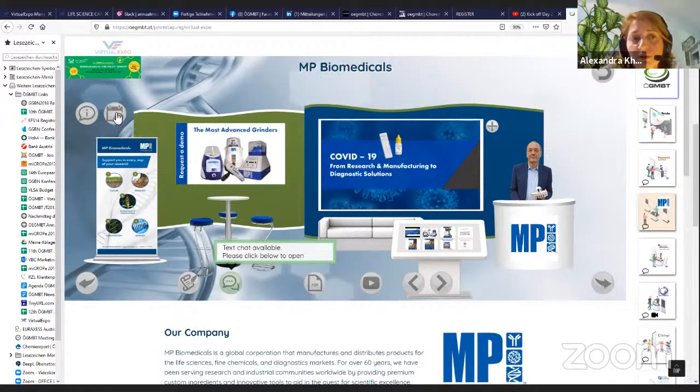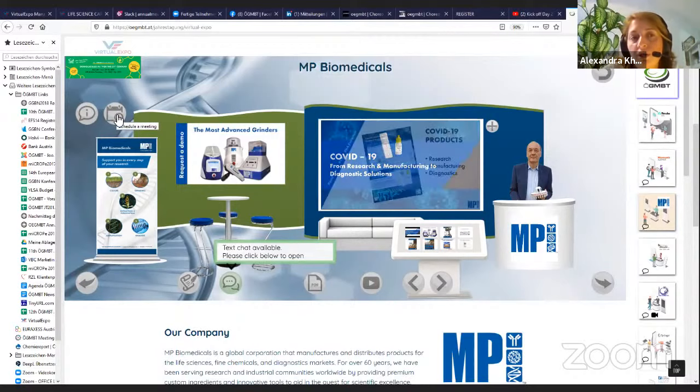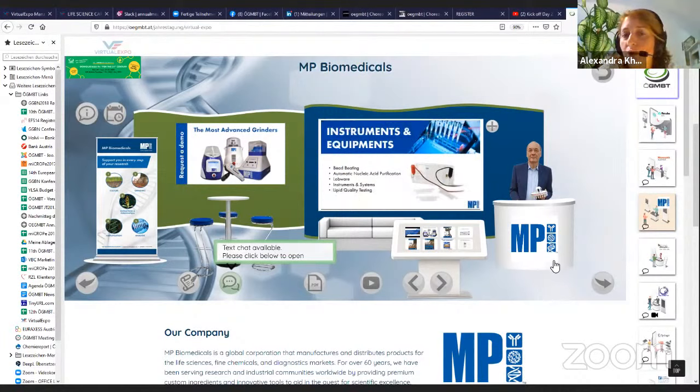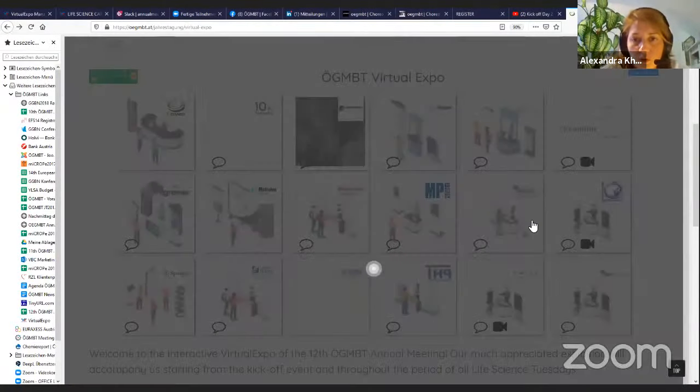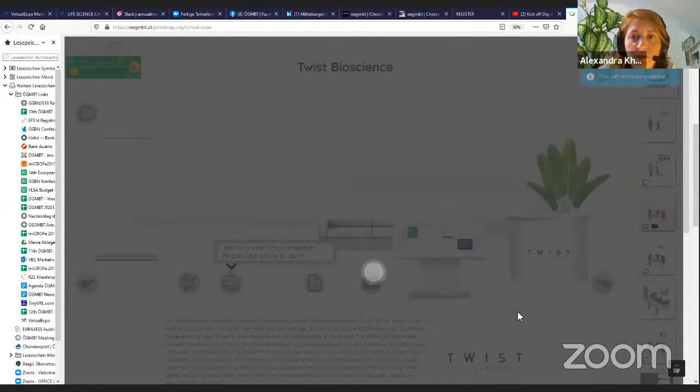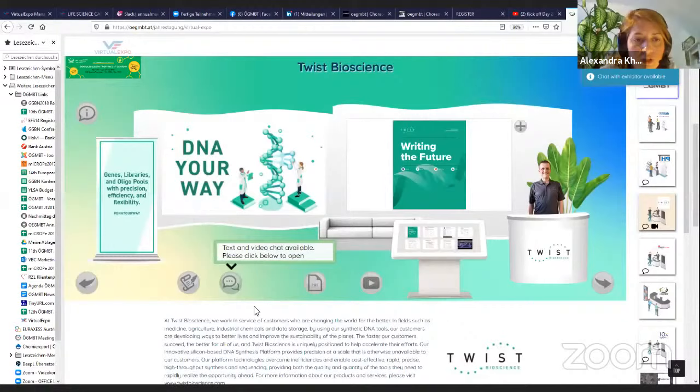You can click this calendar icon and choose one of the possible dates which the exhibitors offer, and so you can schedule a one-to-one video call with the exhibitor. Returning back, you can also see if the exhibitor is available for a video chat. You can also click this button. It's the same button for text chat and video chat, and you can get in contact with them.